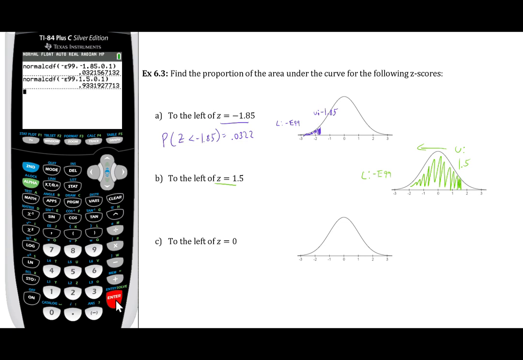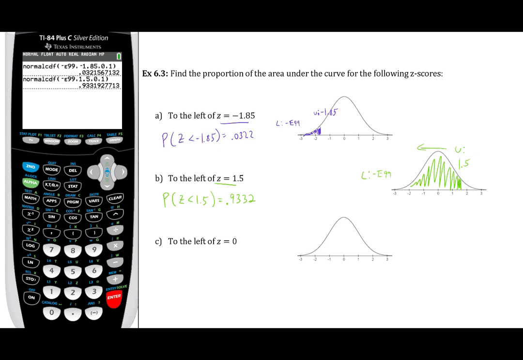I'm just showing multiple different ways of solving the same questions in the TI calculator. So the probability that the z-score is less than 1.5 is 0.9332. Again, the area of the green shaded region is a very large portion of the graph, which makes sense as to why it's about 93% of the graph.